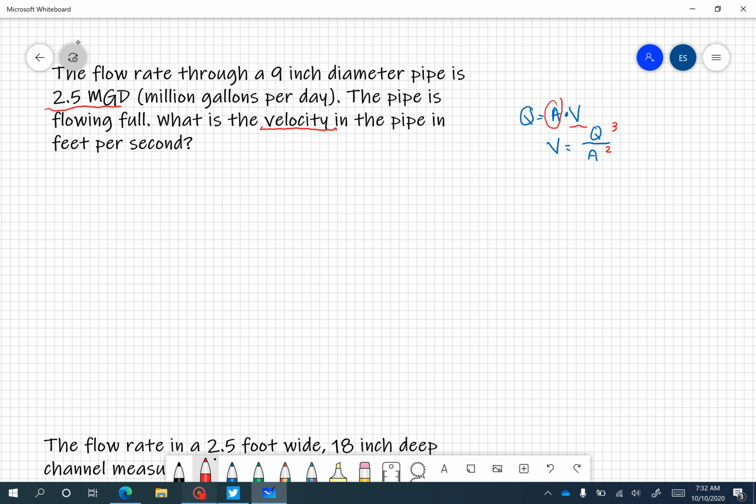If we're dividing a cube by a square, or a number with an exponent of 3 divided by a number with an exponent of 2, remember we subtract the exponents, that would give us 1. So the velocity would be in linear feet, right? Is this hopefully starting to make sense and sink in a little bit? So, okay, let's go ahead.